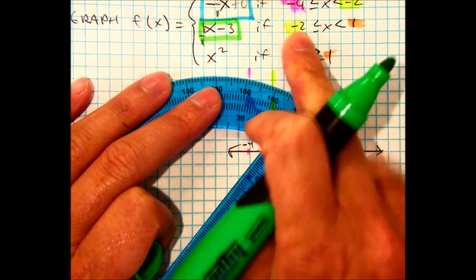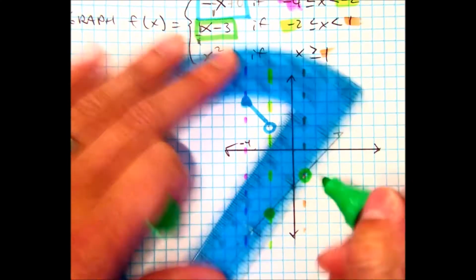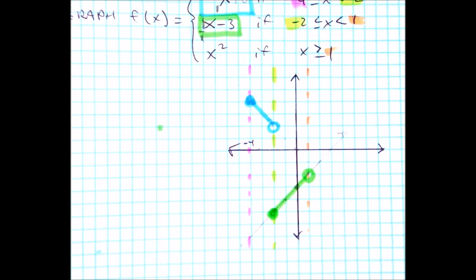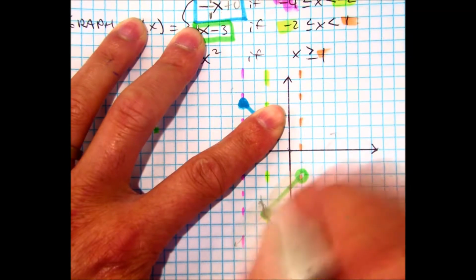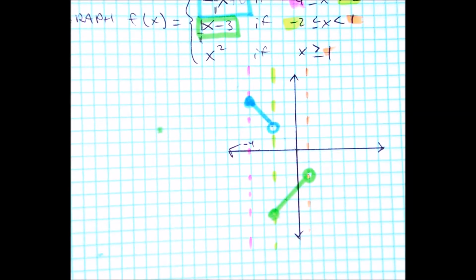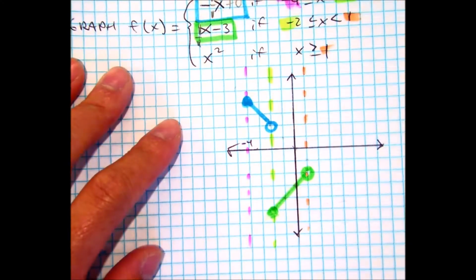I need x values between -2 and +1. So between there. Go ahead and erase. So I got 2 pieces here, and let's go ahead and get our third piece.